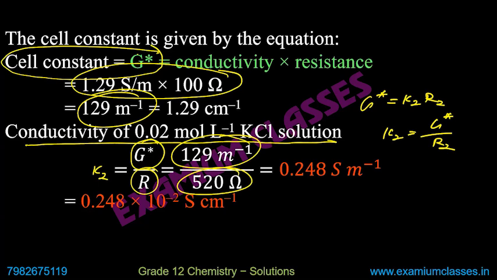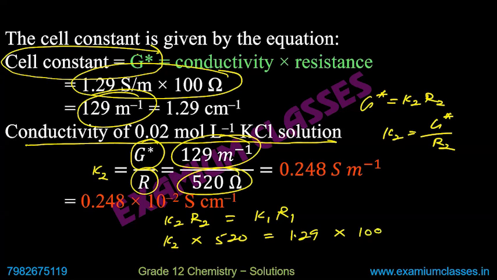Whether you solve like this or you solve like this, kappa 2 R2 equals to kappa 1 R1. Kappa 2 you have to calculate, R2 is 520, kappa 1 was given, it was 1.29 Siemens per meter, into R1 was 100.